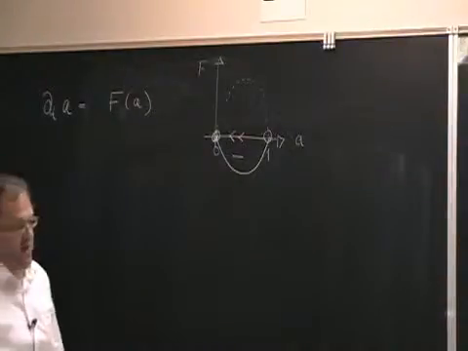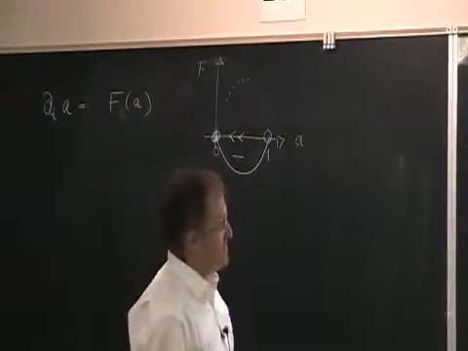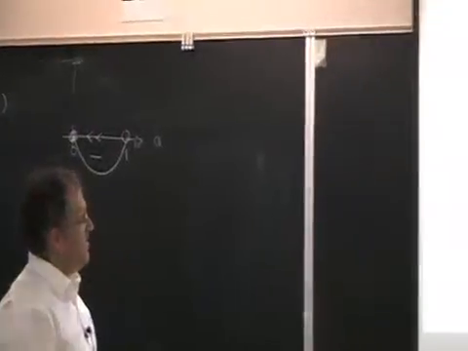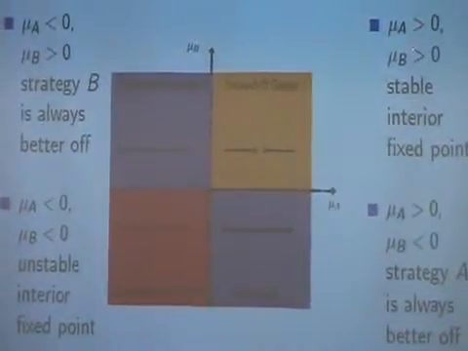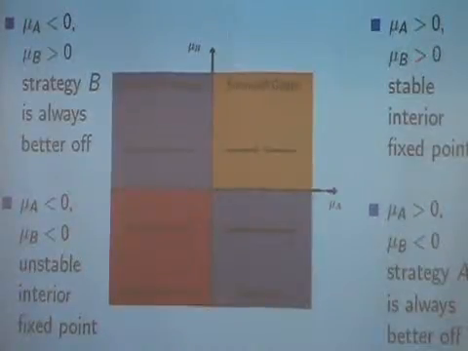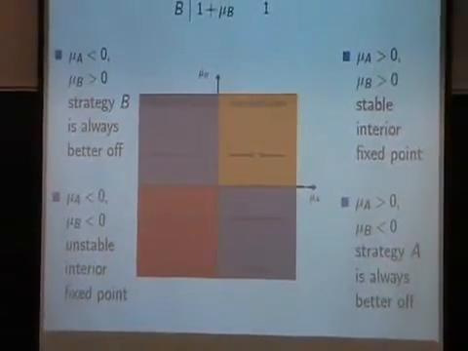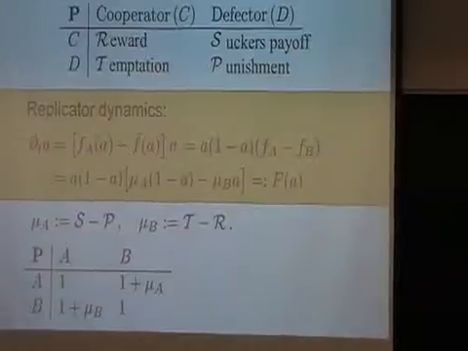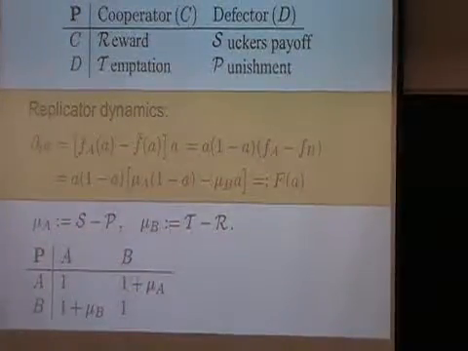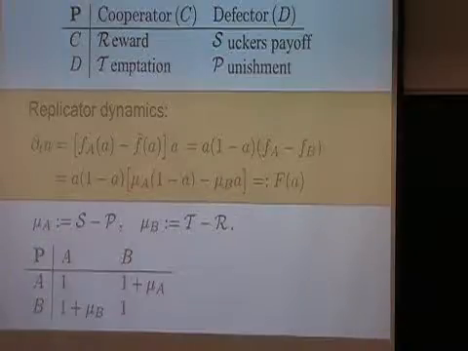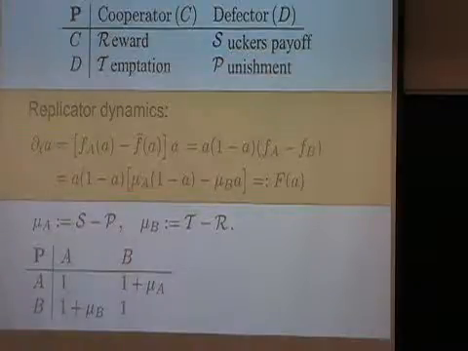Now let's look at the other case, which was the snowdrift game. In the snowdrift game, mu a is positive and mu b is positive, so both are now positive. Look here, this here is a positive number, but since those two signs are different, there's now the possibility of a sign change in the interval ab, and actually there is.